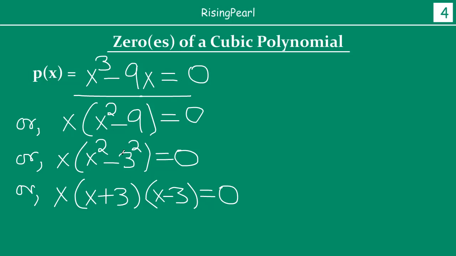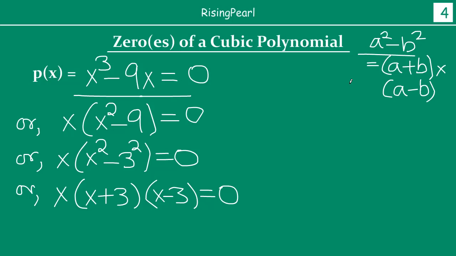And why is that? Well, we know there is a formula: a squared minus b squared is equal to (a plus b) multiplied by (a minus b). So we are simply using this. We have x squared minus 3 squared, and we write that as (x plus 3) times (x minus 3).